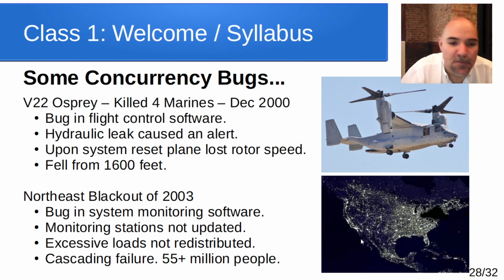But what happened was the monitoring software that talked to those power station subsystems had a concurrency bug. And when it tried to read the value, it had outdated information that never got updated because of that concurrency bug. And so the operators were watching their displays and everything said, green, fine, everything's great. But it wasn't being updated. So the load from those lines eventually got so high that it brought down one of the power stations.